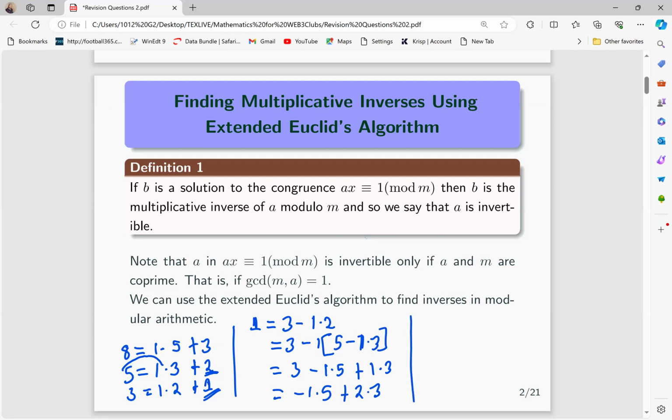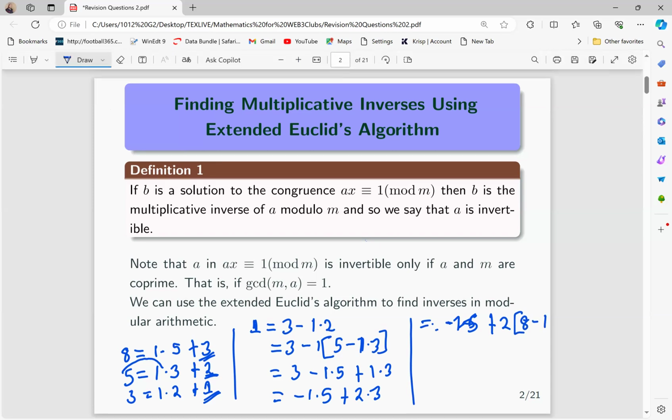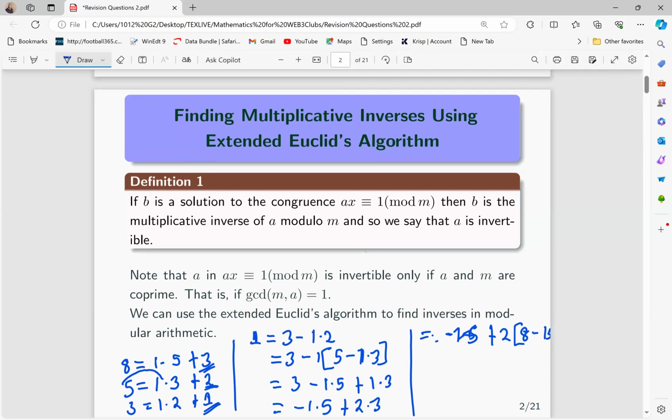Now replace 3, replacing only the remainders. So this is negative 1 multiplied by 5 plus 2 multiplied by 3, but 3 is 8 minus 1 multiplied by 5. So this will be negative 1 multiplied by 5 plus 2 multiplied by 8 minus 2 multiplied by 5.